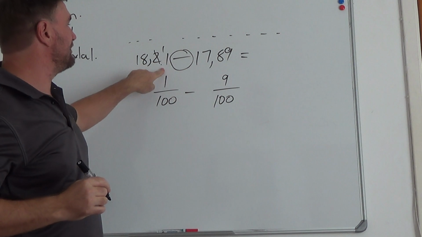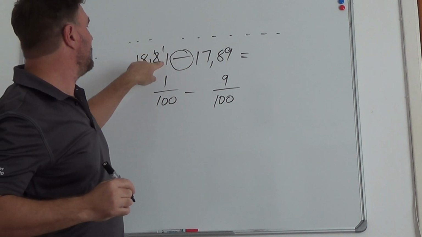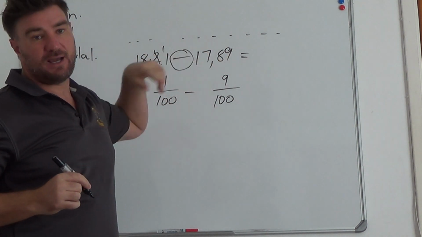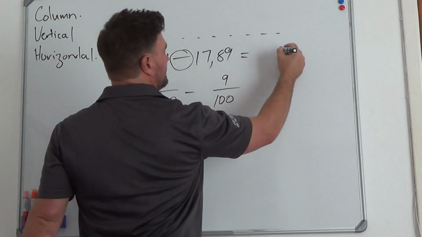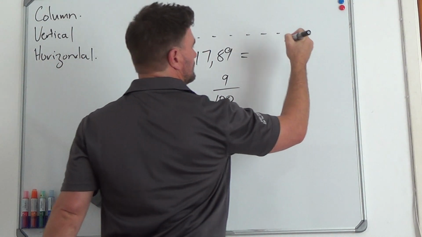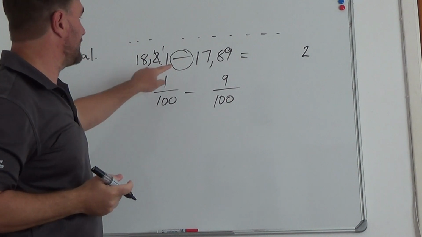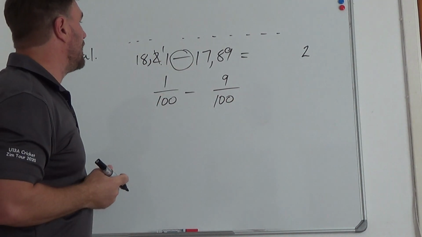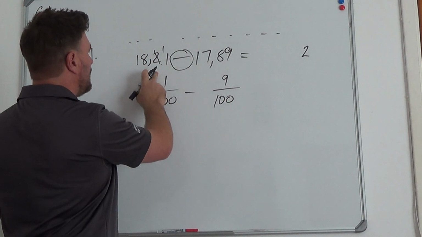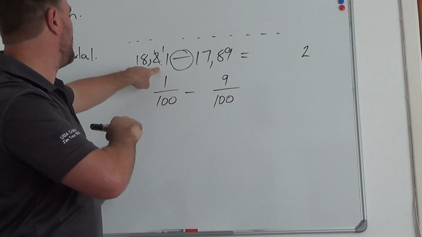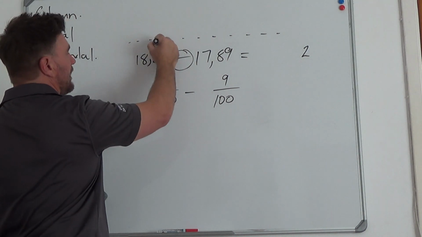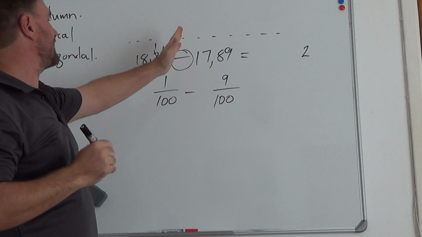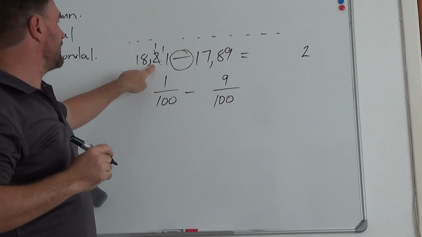Now can we say 11 minus 9? Yes, we can. 11 minus 9 is 2. Okay, so we've done that one. Then this is equal to 1 now, because we've taken 10 away from it.